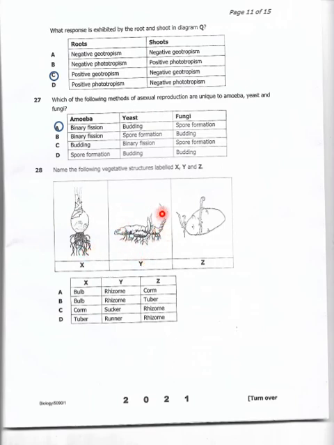And this is a tuber, which is common in potatoes and sweet potatoes. So our answer there is B.